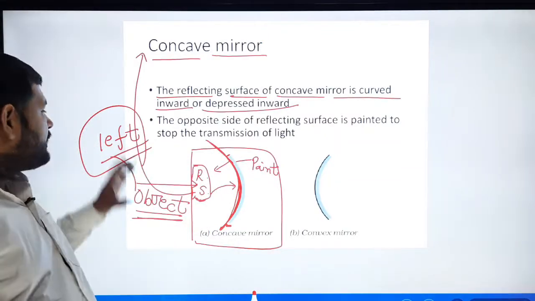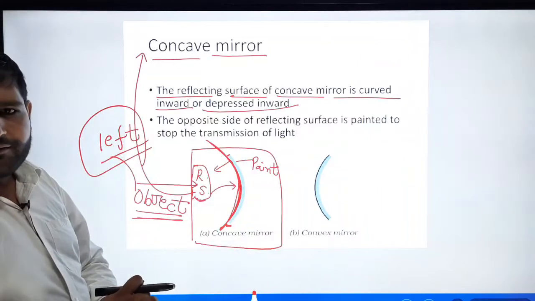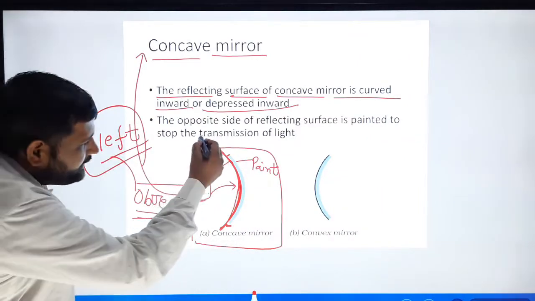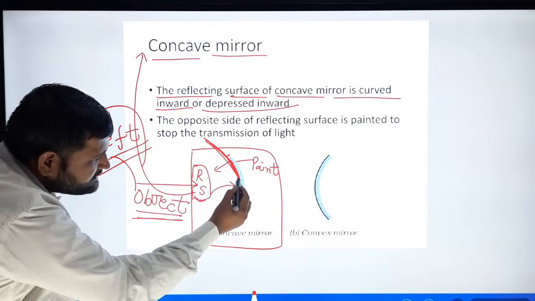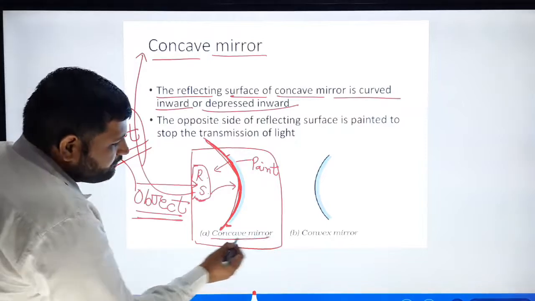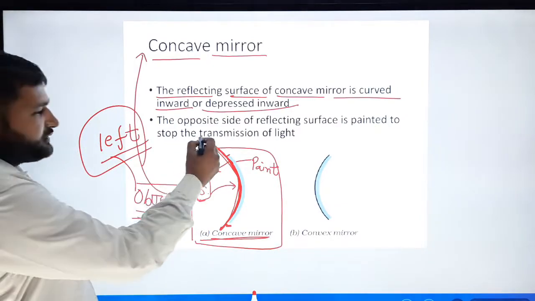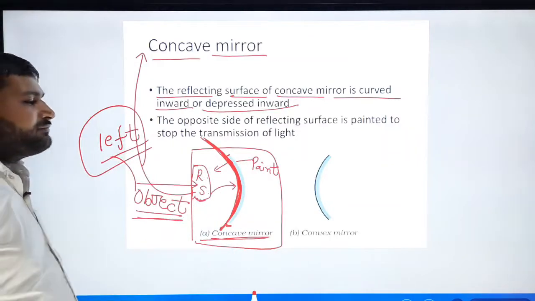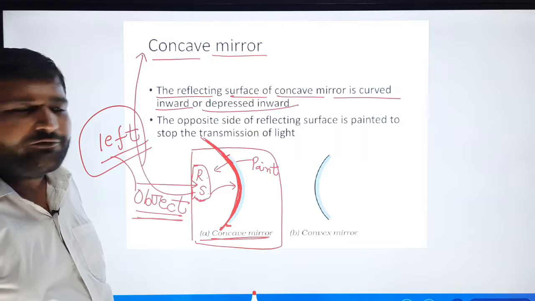So now when you look from the left side at the mirror, and you find that the reflecting surface is curved inward or depressed in inward direction, then that mirror will be what? Concave mirror. So this is the first category of spherical mirror, that is concave mirror. So what will be the definition of concave mirror?